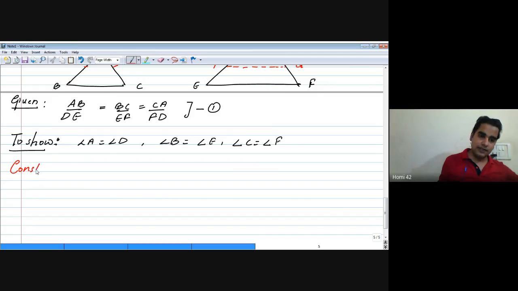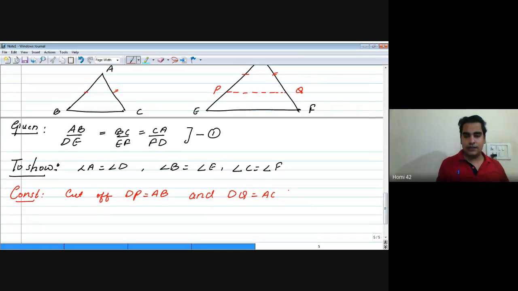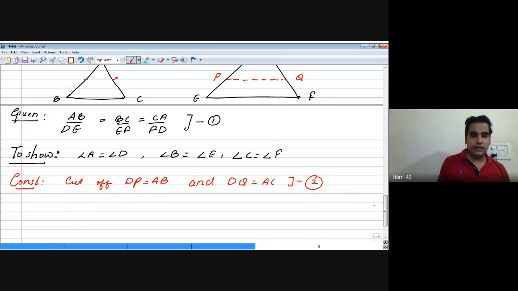The construction is this: cut off DP is equal to AB, and DQ is equal to AC. Let us call this second. Look, if DP is equal to AB and DQ is equal to AC, then can we replace this AB and AC by DP and DQ or not? Tell me first. Can we do this or not?